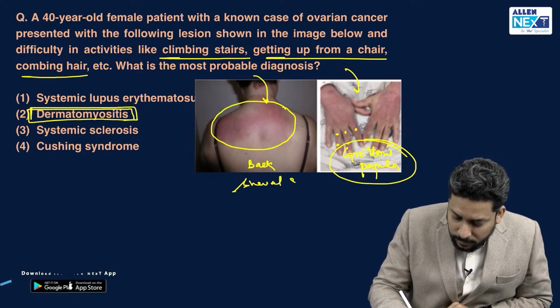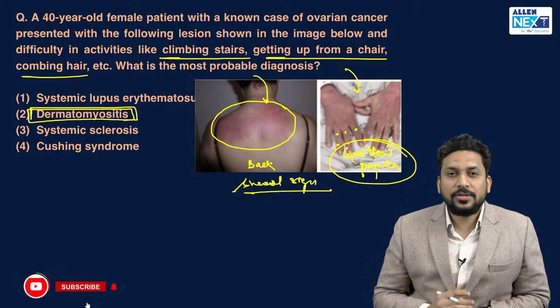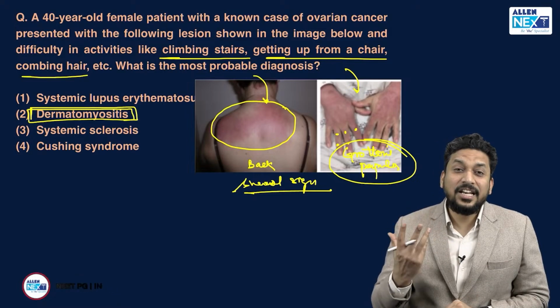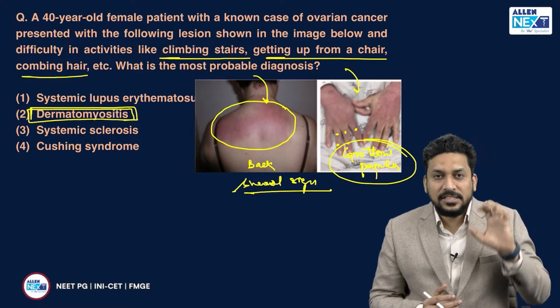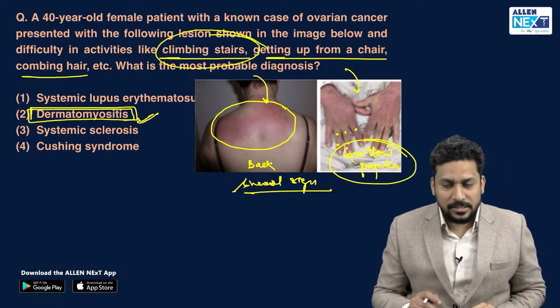And similarly, around the eyes also, patients start developing erythematous or violaceous rashes, which is known as heliotrope rash. All these are suggestive of dermatomyositis along with weakness of muscles.